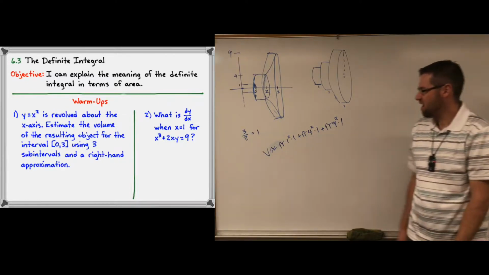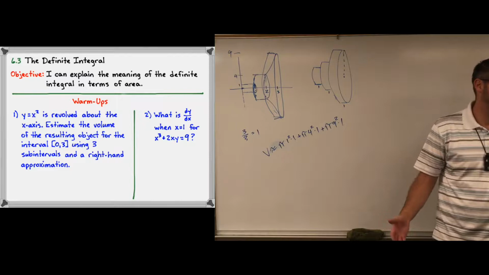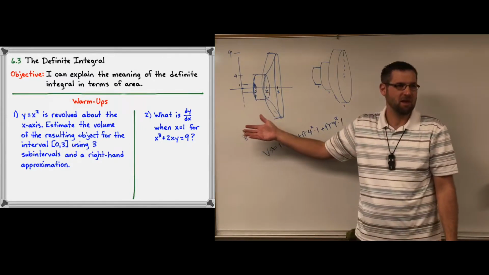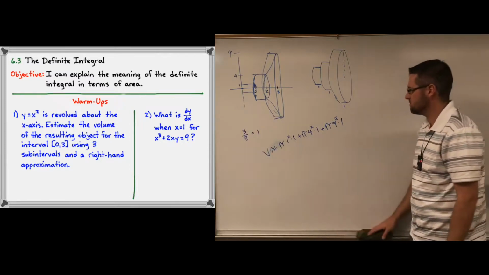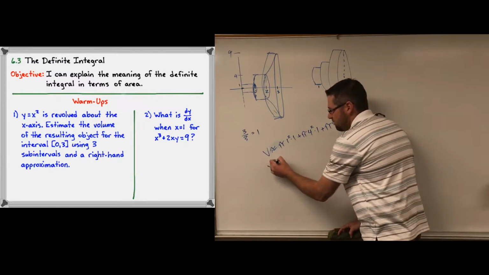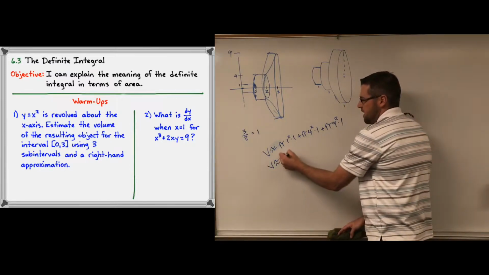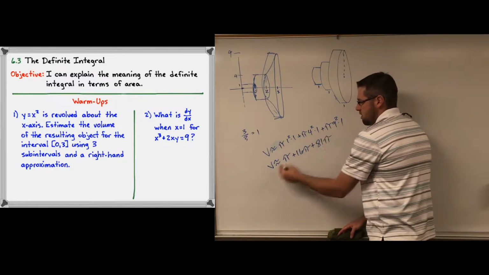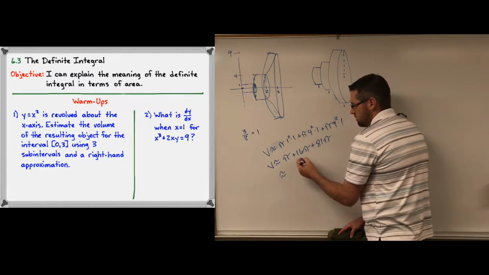I'm sorry. I forgot that we were squaring the radius. The radius is the x squared, and then we have to square it. So volume equals pi plus 16 pi plus 81 pi. So that's going to be 98 pi.